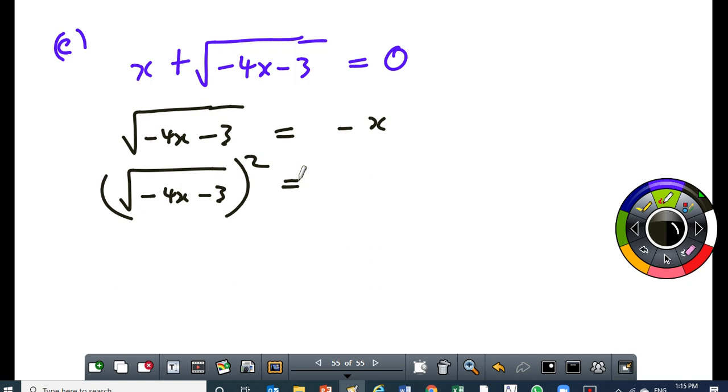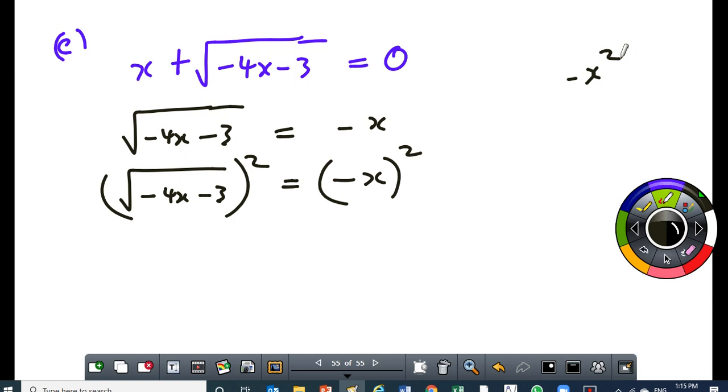Now, on the right hand side, pay attention. This minus x, you have to square it, and the minus must be inside brackets. Don't make the mistake of writing minus x squared like that. You have to put the negative x inside brackets.